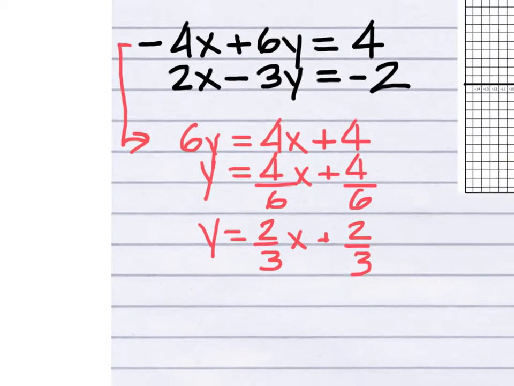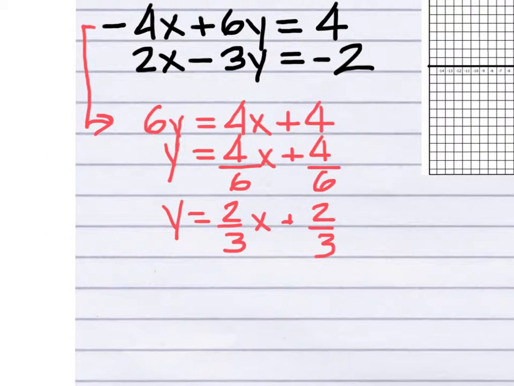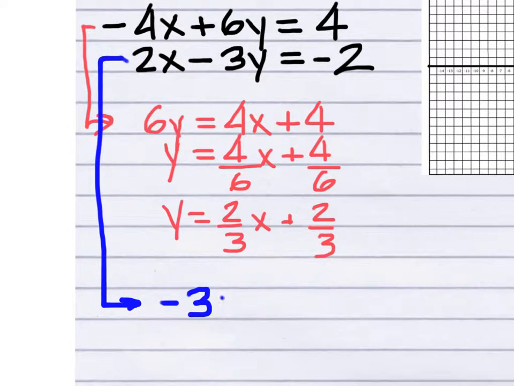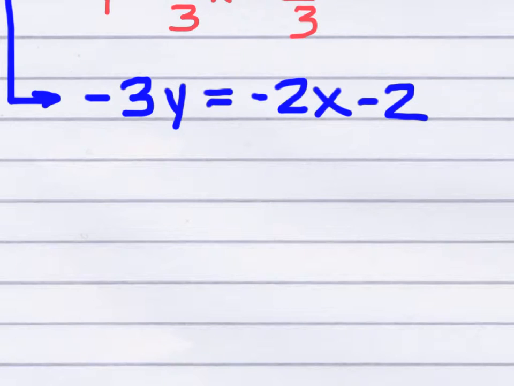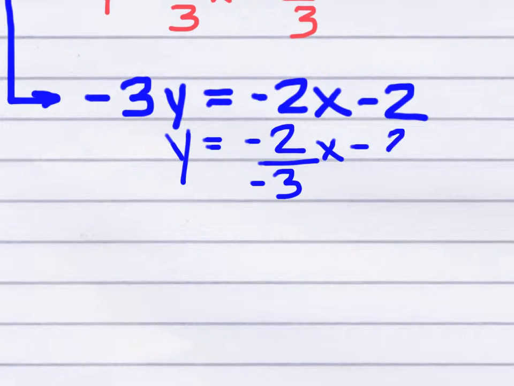Let's go ahead and change the other one while we're at it. Let's move down to here, and that's going to be a negative 3y equals negative 2x minus 2. And then from there we will divide everything by a negative 3. Simplify where necessary.